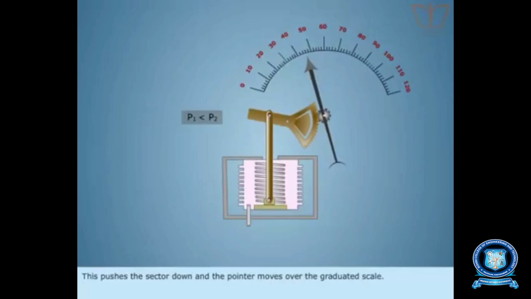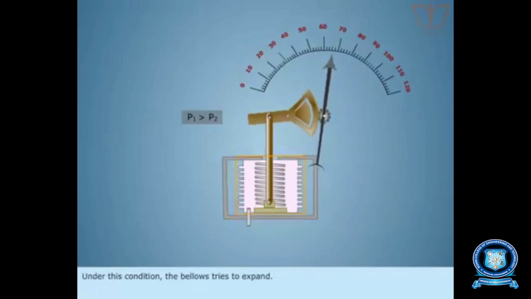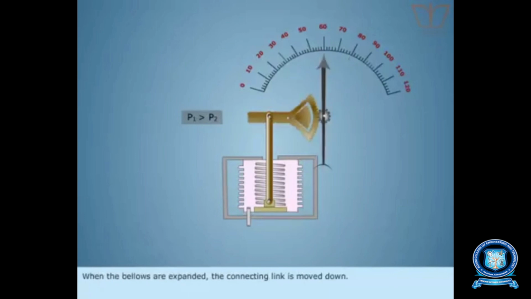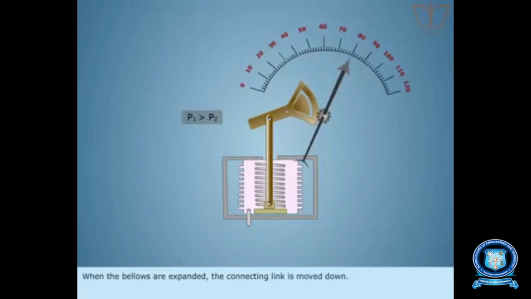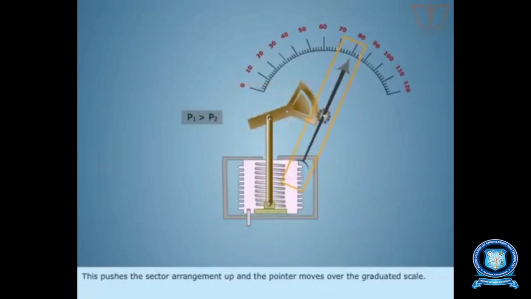This pushes the sector down and the pointer moves over the graduated scale. When P1 is greater than P2, the bellows tries to expand. When the bellows expand, the connecting link is moved down. This pushes the sector arrangement up and the pointer moves over the graduated scale.